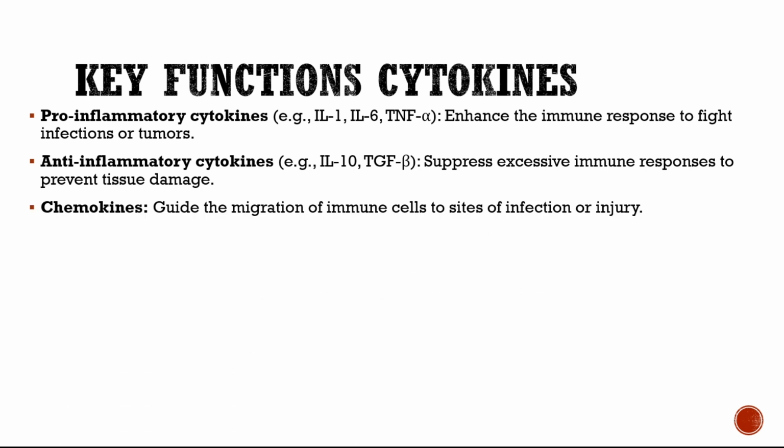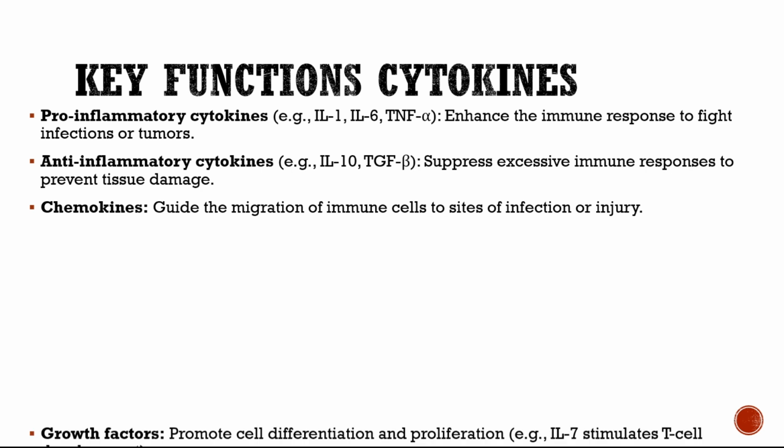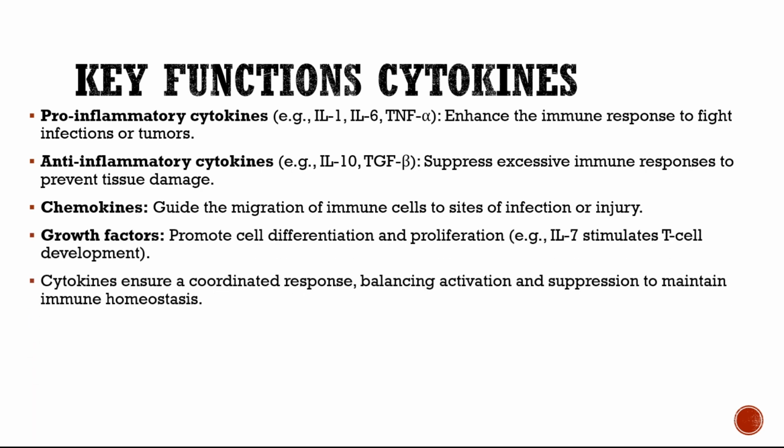Chemokines guide the migration of immune cells to sites of infection or injury. Growth factors promote cell differentiation and proliferation, stimulating T cell development. Cytokines ensure a coordinated response, balancing activation and suppression to maintain immune homeostasis.